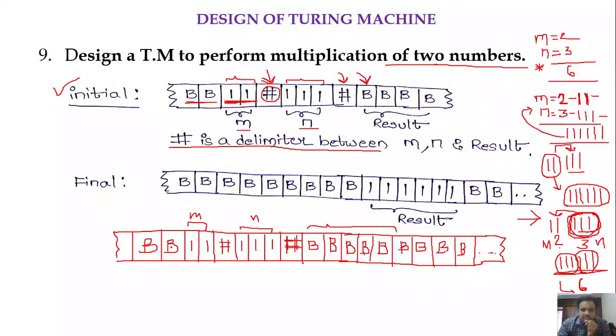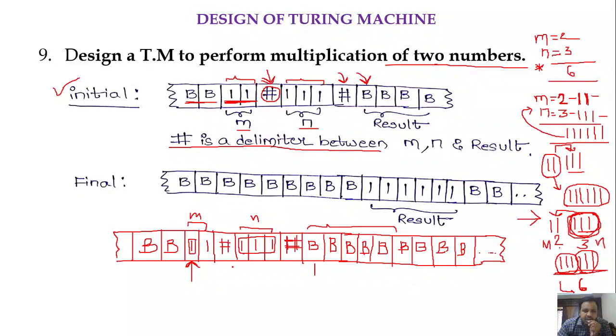So see here what I will do: I will start with the first one. I am taking the first one in m. For that one I have to save this n value, that means 3 ones, in the result portion. So where do we have the result portion? This one.